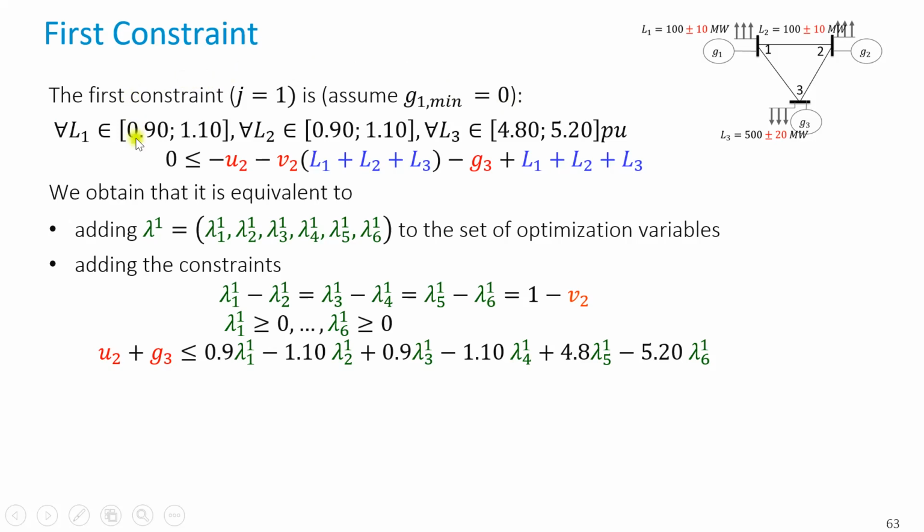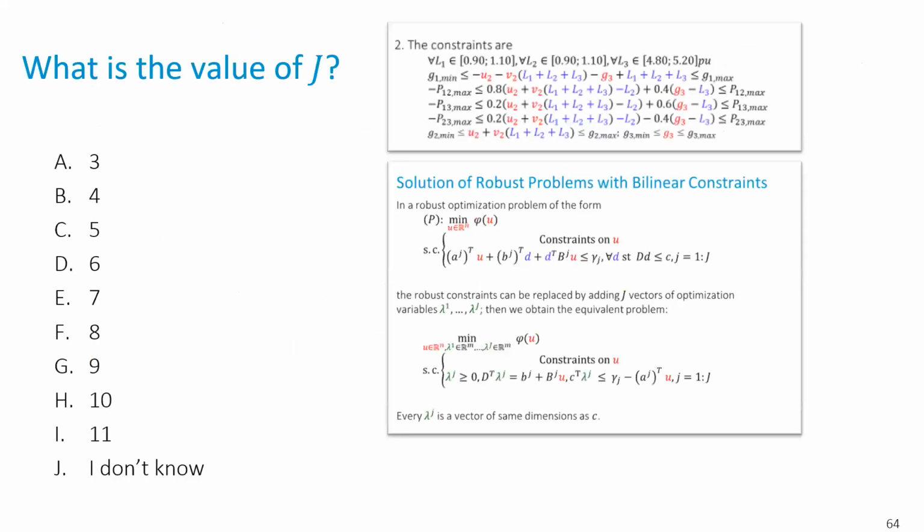We have L1 larger than 0.9, L1 less than 110, L2 larger than, etc. So we have 6 dimensions for the 6 inequalities for the disturbance D, which is L in our example here. So every lambda is of dimension 6, and we add it 10 times. Okay, thank you. You're welcome.